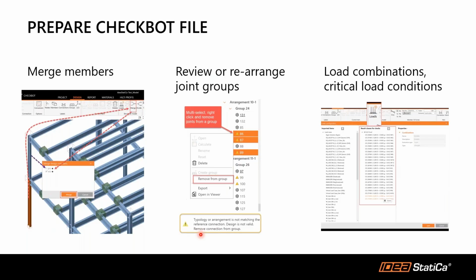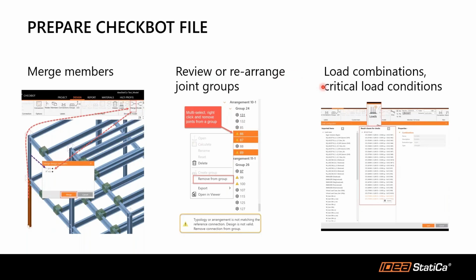It says topology or arrangement is not matching the reference connection. So you have the option to multi-select the connections that are not the same now in that group, and then create a new group. Again, why do we do this? Because you changed the geometry of the joint, okay? Instead of these two members being separated, now they are continuous.